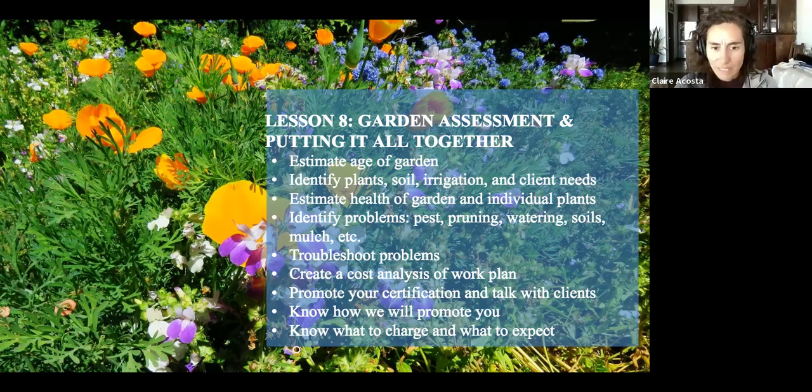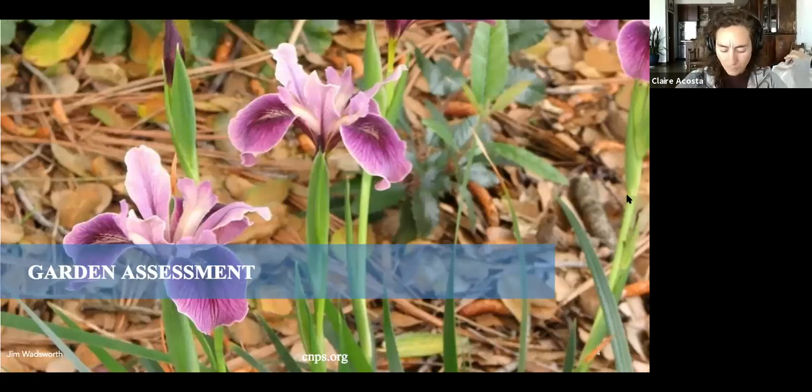We'll do very basic troubleshooting, talk about creating a cost analysis work plan, and then talking about the certification and how you can use it, which we did in the first class, but doesn't hurt to say it again. Creating the cost analysis and talking about what to charge is all part of the same activity.